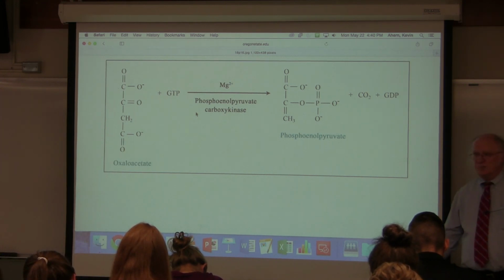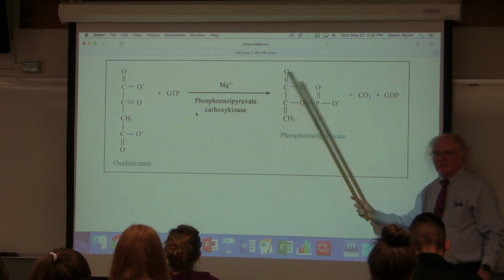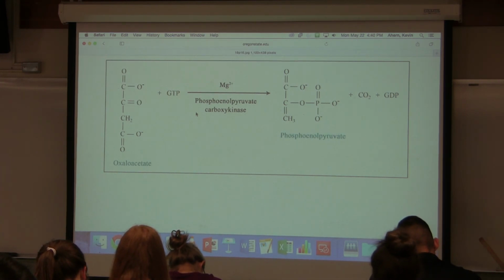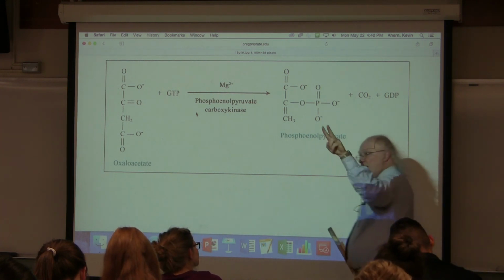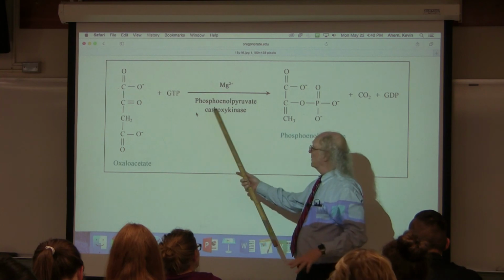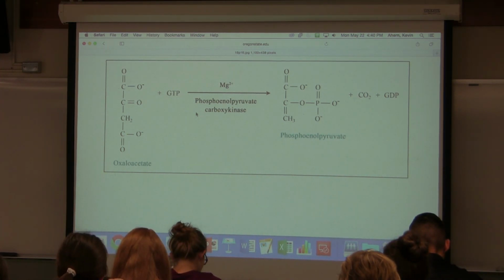It's not even the whole kidney, just parts of the kidney. And it's because this enzyme isn't made in most cells. That's our third type of regulation we talked about. Remember allosteric regulation? Remember covalent modification? And the third I said was whether or not an enzyme was made. This is an example of an enzyme that's controlled by whether or not it's being made.